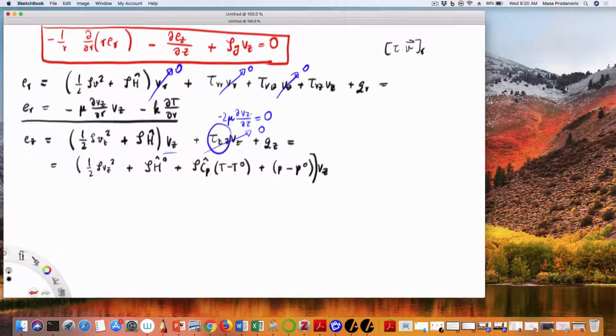I'm writing what my rho h hat is, based on what we read last time, plus qz. Well, actually, let's write down what qz is. Qz is minus k dT/dz.